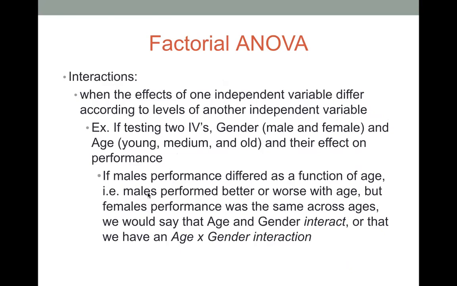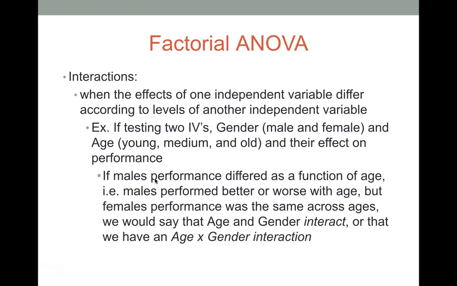An interaction occurs when the effect of one independent variable differs according to the levels of another independent variable. For example, testing 2 IVs: gender, with 2 levels, male and female, and age, with 3 levels, young, medium, and old, and their effect on performance.